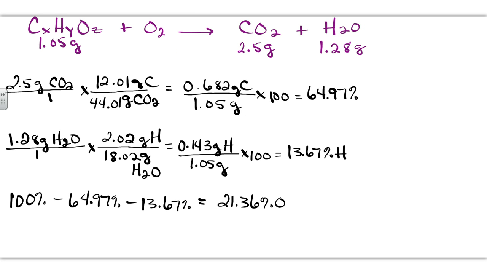So now we're going to determine, using the 3 percentages, the empirical formula. I'm going to assume each of these percents represents grams. I'll take my 64.97% of carbon divided by the molar mass of carbon, hydrogen divided by the molar mass of hydrogen, and oxygen divided by the molar mass of oxygen.